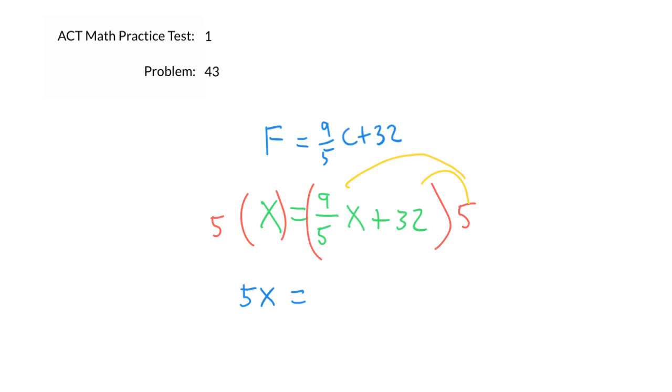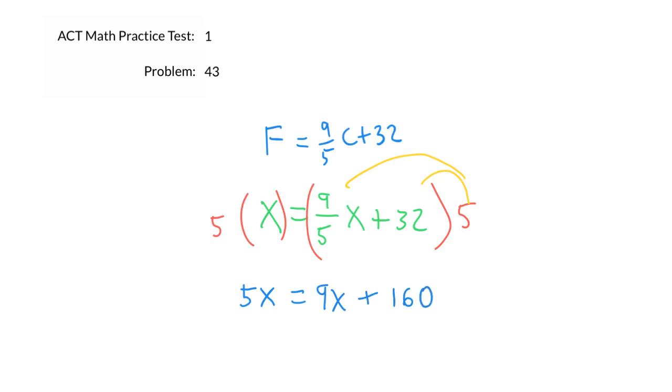But when we distribute the 5 over here, it's going to cancel that down below. So we actually end up with 9x there because the 9 on top is left over, but the 5 canceled down below. And then we end up with adding 5 plus 30, or 5 times 32. Now, 5 times 30 is 150 plus 10, so it's going to be 160.